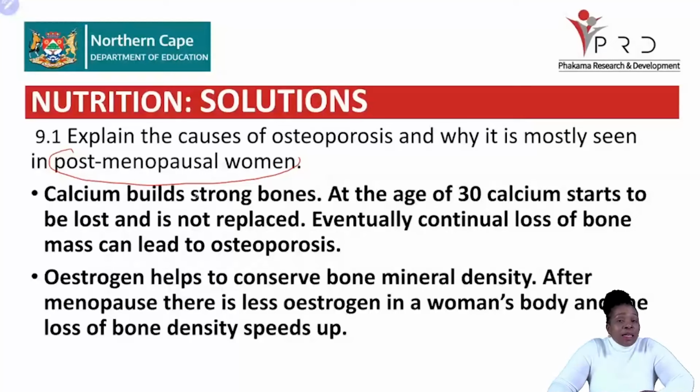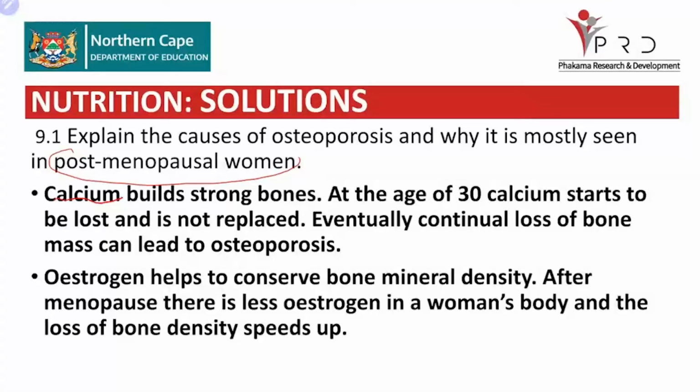Lack of calcium in the diet causes osteoporosis, right? So calcium is responsible for building strong bones, right? So once you have a deficiency of calcium in the diet, which is meant to build strong bones, then you are likely to suffer from osteoporosis, right?